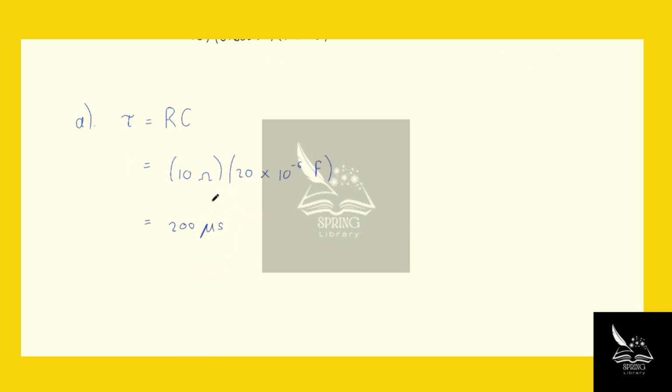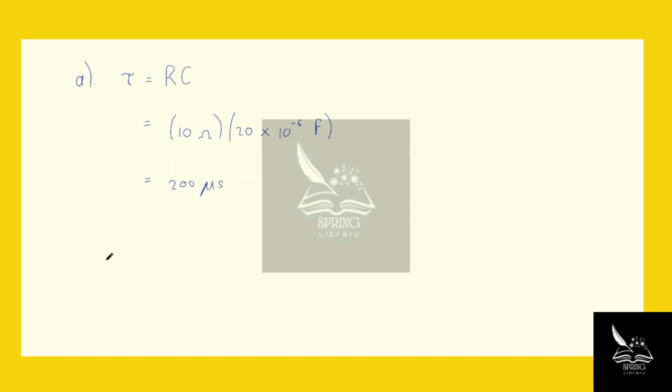So the current as a function of time, I, is equal to 100 volts divided by 10 ohms times e to the minus t over 200 microseconds, t over τ.